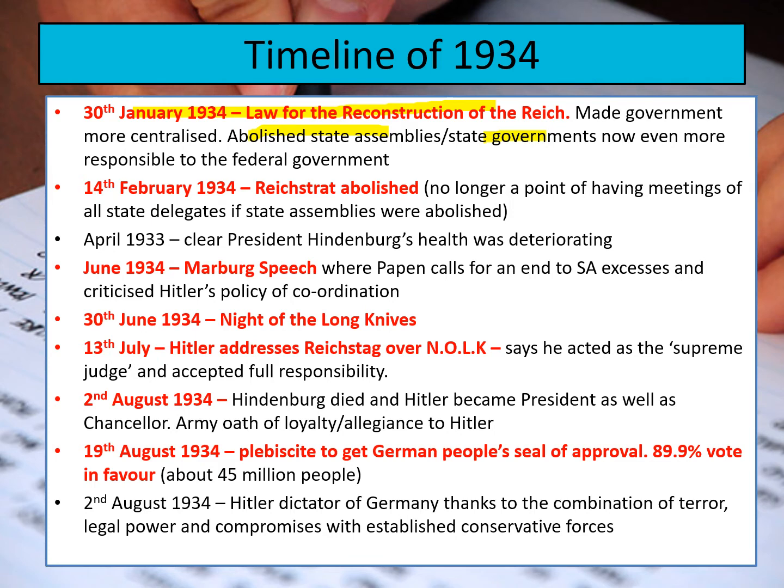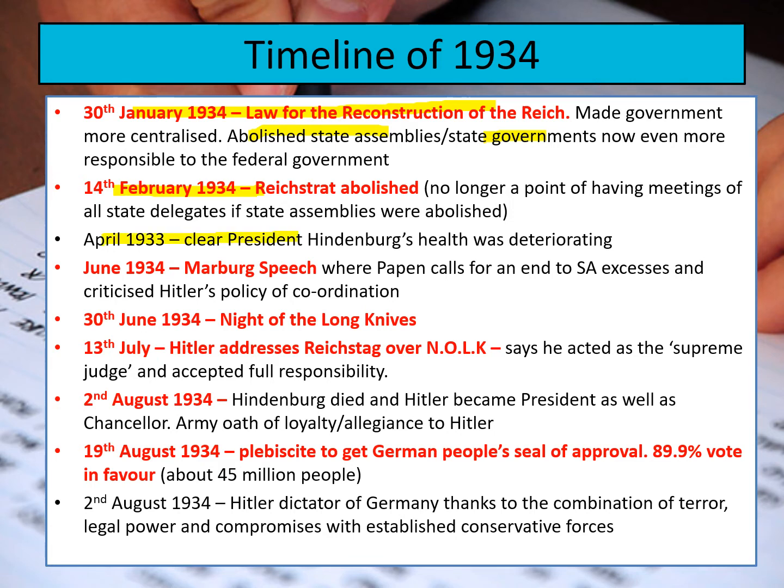So he has basically destroyed local government, but he does have Nazi party leaders who are in charge of different local areas, called the Gauleiters, and we'll talk more about them in the future. And on the 14th of February, as part of that destroying of local government, he abolishes the Reichsrat.